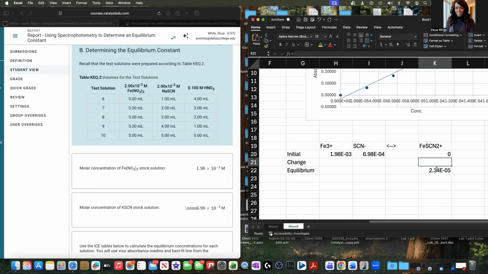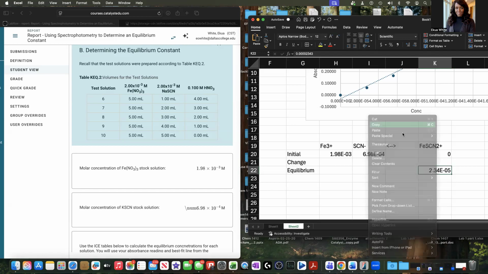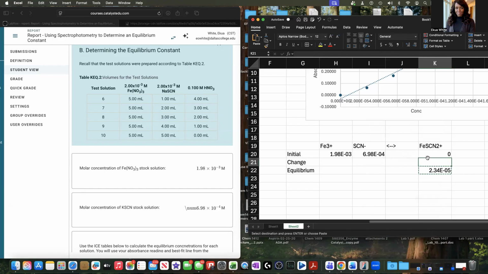Remember, we are adding x to the product side. So I have to put here plus this number here, right? And then here we're subtracting the same number and subtracting that same number here. So I'm just copying and pasting. And then the equilibrium amount is going to be this.